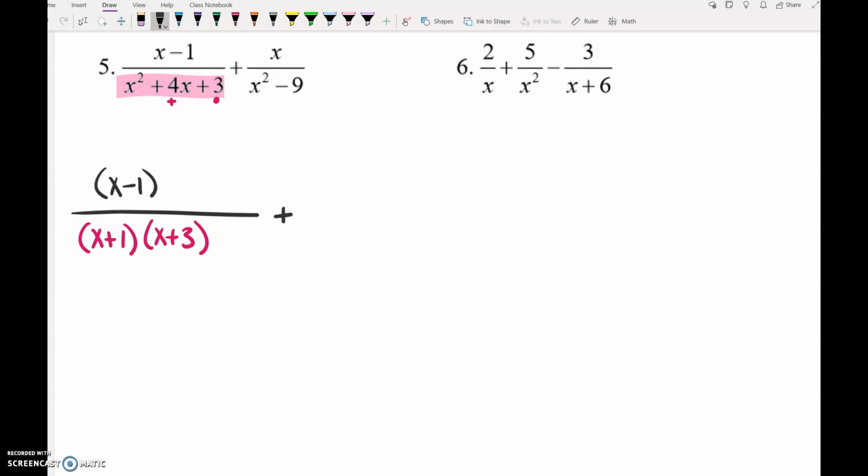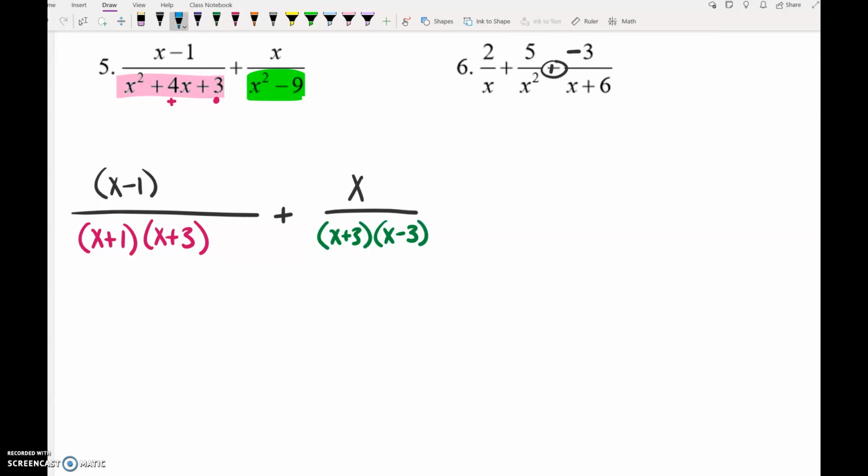This one's nice because it's plus, so we don't have to deal with that negative. Remember, anytime you have a minus, like over here in number 6 where this minus is here, change that to plus and stick the negative on the following numerator. We don't have minus in number 5, so we don't have to worry about that. This denominator is difference of 2 squares. It factors into x plus 3, x minus 3.